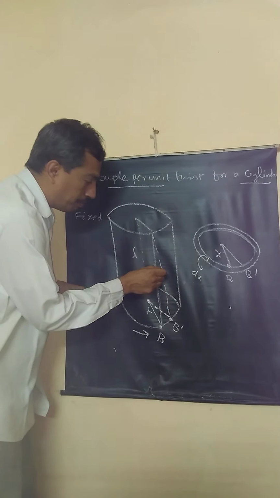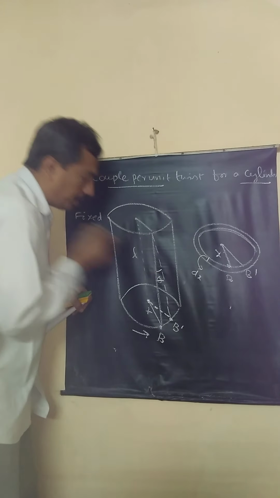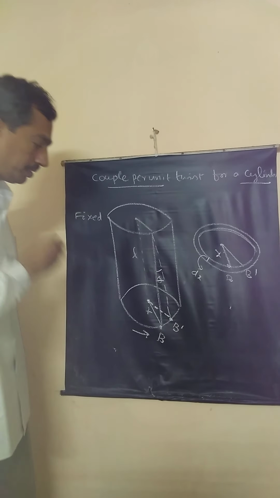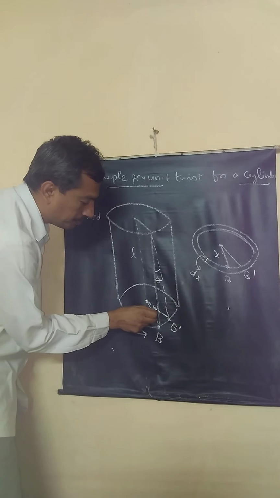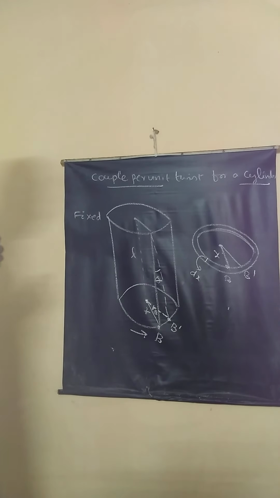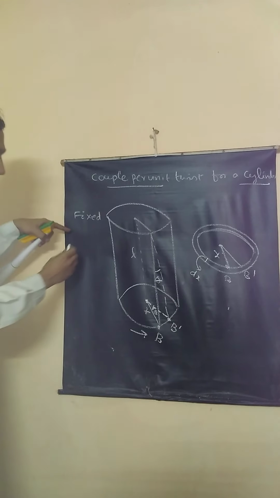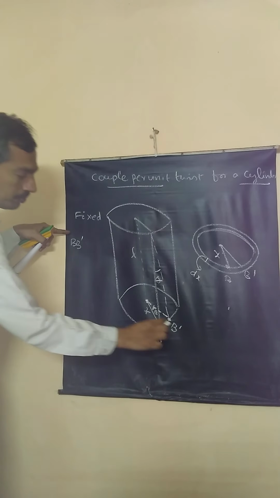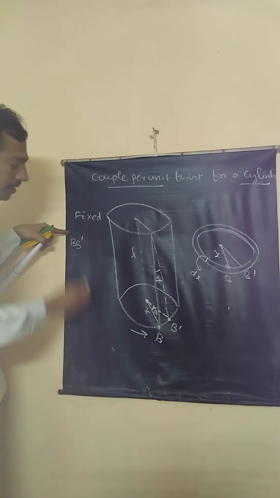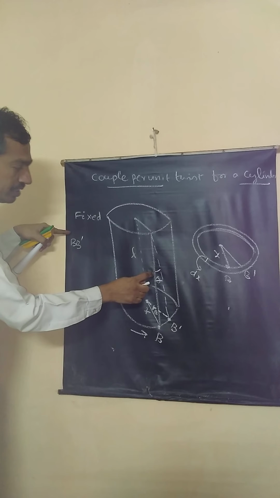Okay. Now we have to find the expression for couple. Let this angle be phi. It is called the shearing strain. Let this angle be theta. Now from the diagram, you can write BB prime is equal to L into phi.